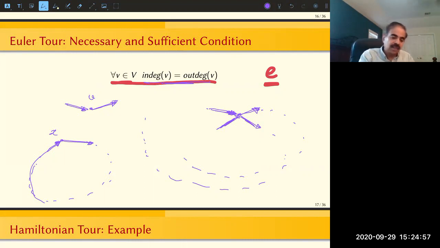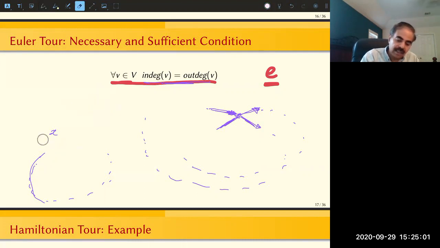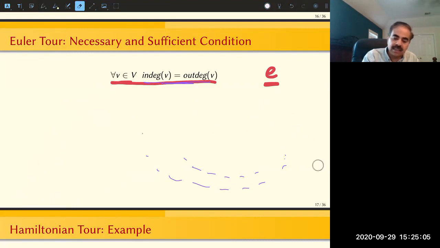So let's try to add more detail here, or maybe let's take an example that'll make it easier to see what can go wrong if you just try to.